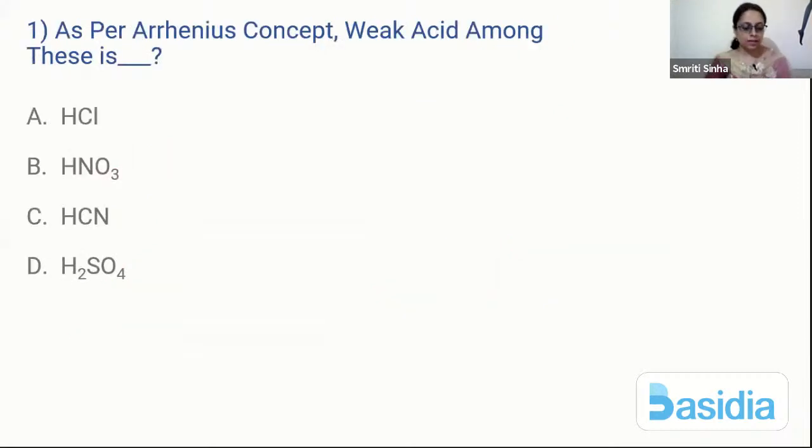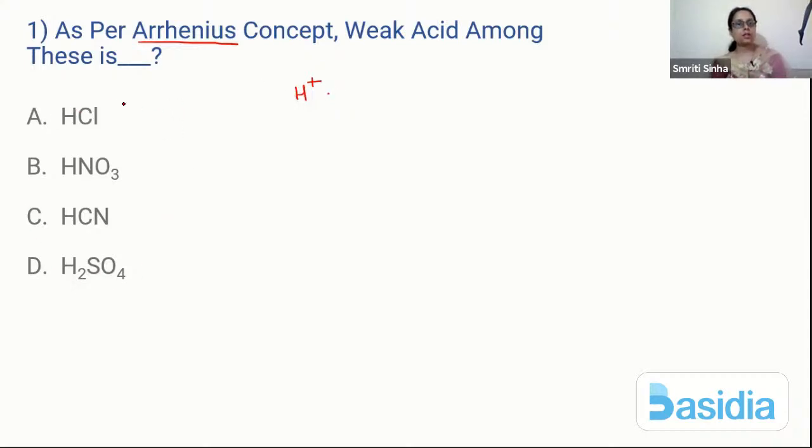Now we move towards the MCQ section, that is the practice questions. So the first question for today is, as per Arrhenius concept, the weak acid among these is. As I have told in the beginning of this class, what is an acid according to Arrhenius? Any substance which can donate its H plus easily in the aqueous solution is an acid.